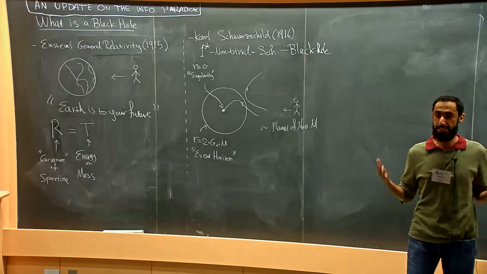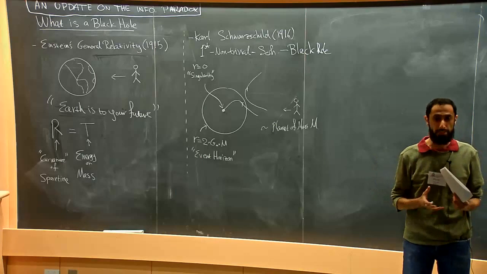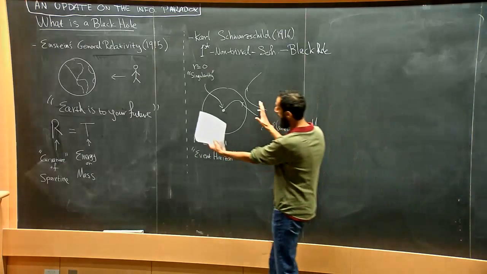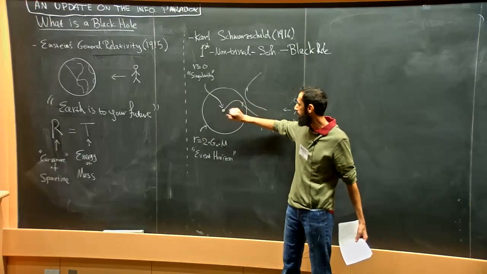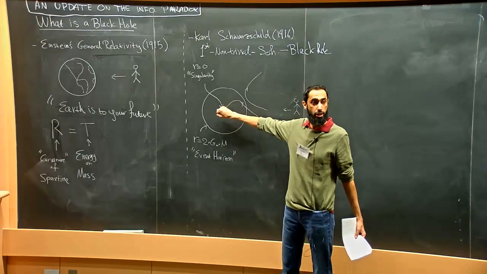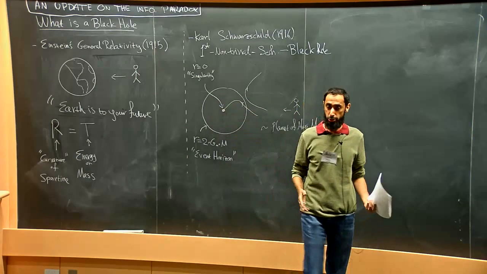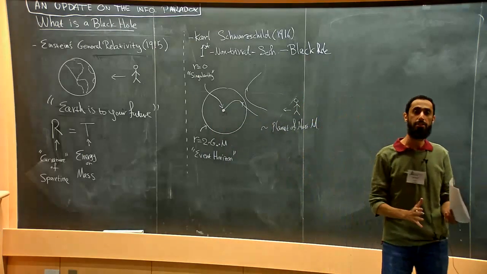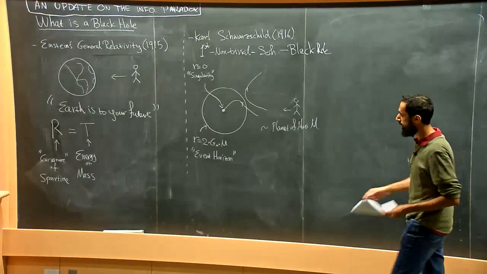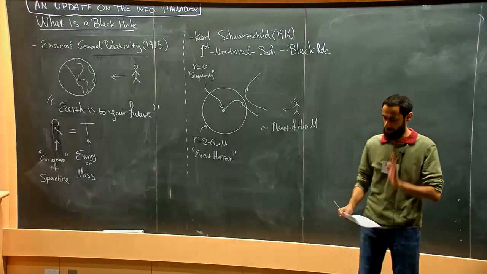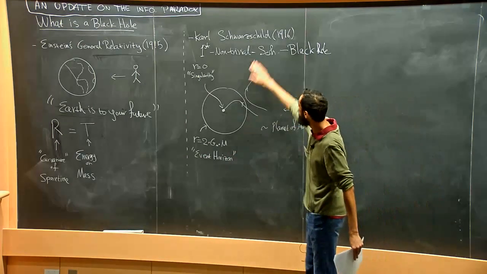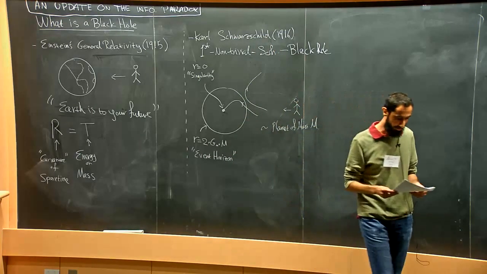If you take an object of mass m and squeeze it such that it lies within this radius, then it's bound to crunch into that singularity. So all you need to do is take something very big and squash it to this radius, or something below this radius. This radius is named after this person, the Schwarzschild radius.